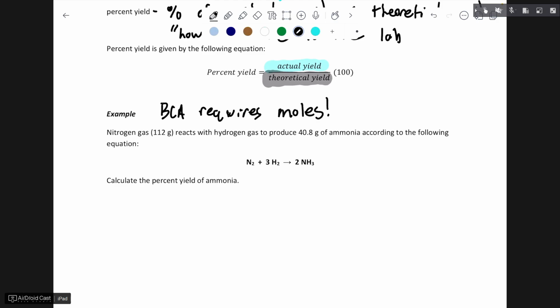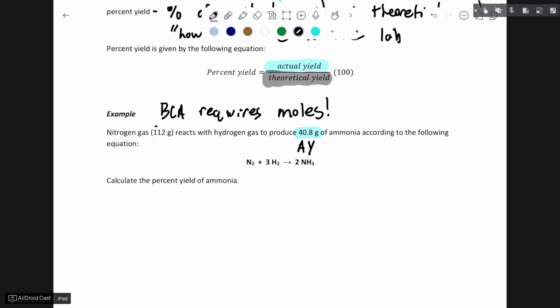So the way that I'm interpreting this question, they're telling me that we have actually produced 40.8 grams. So this is our actual yield. I can't use that to find my percent because we don't know the theoretical yield yet.